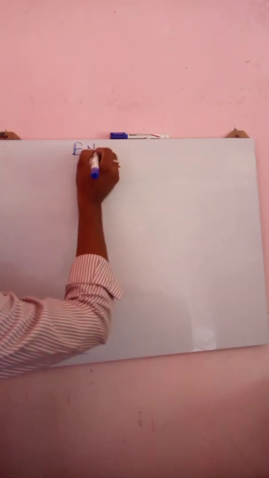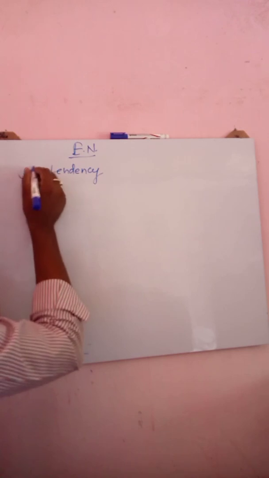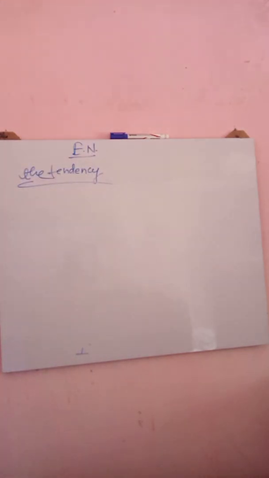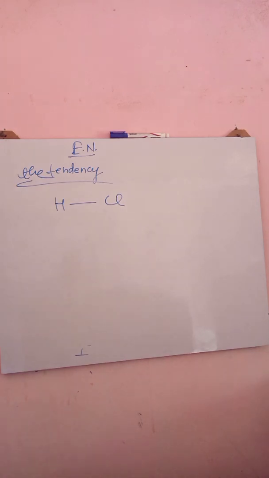One more, we can discuss electronegativity, EN. What is electronegativity? Electronegativity means the tendency of an atom to attract the shared paired electron present in a covalently bonded molecule. For example, HCl. It is a covalently bonded molecule.